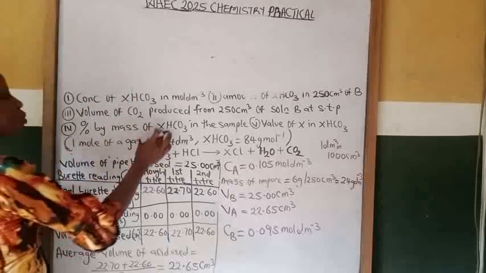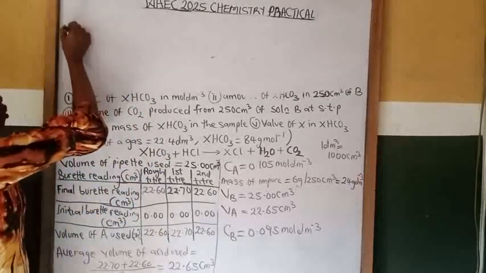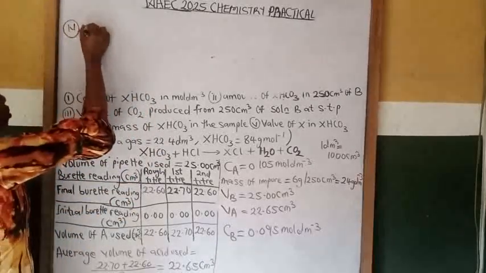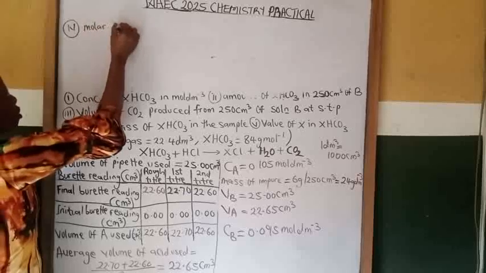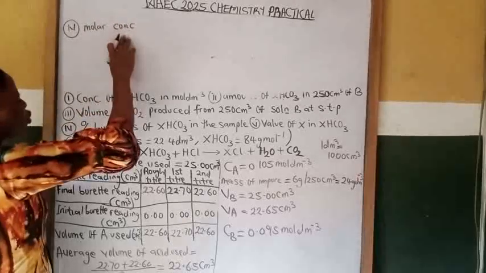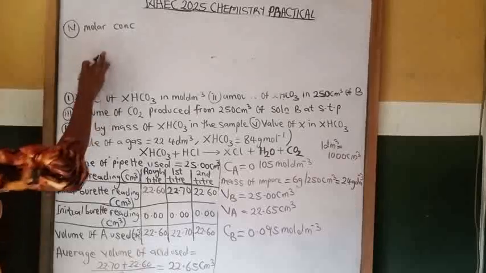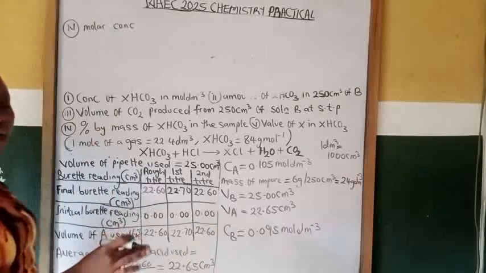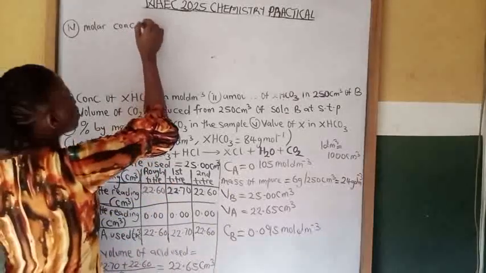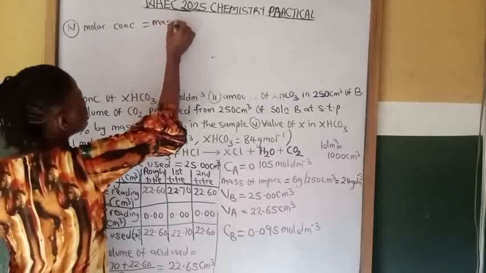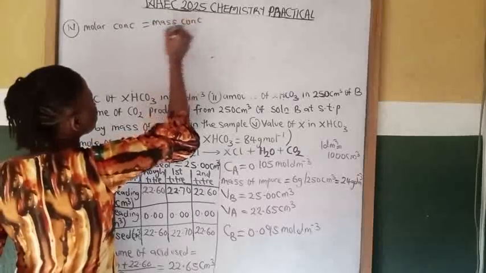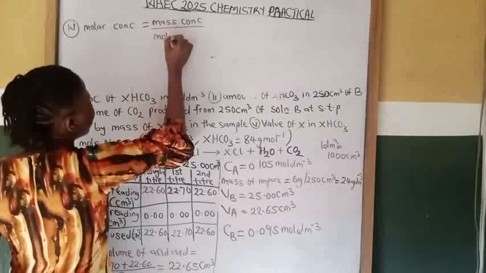To look for the mass of pure XHCO3 now, we are going to use the formula for molar concentration. Don't forget that I told you that you use this formula to look for molar concentration, mass concentration, and molar mass. So molar concentration is equal to mass concentration divided by the molar mass.